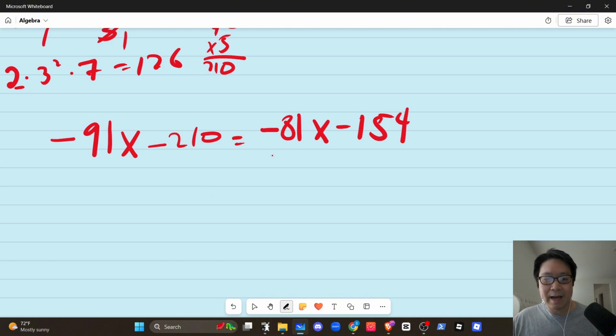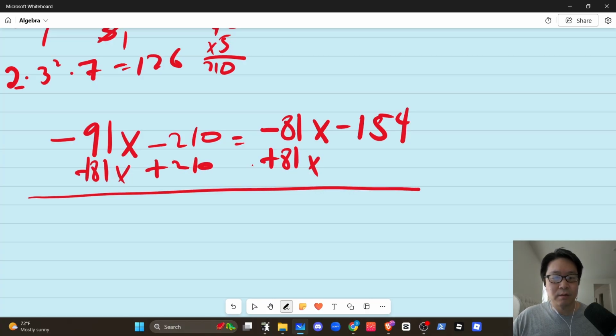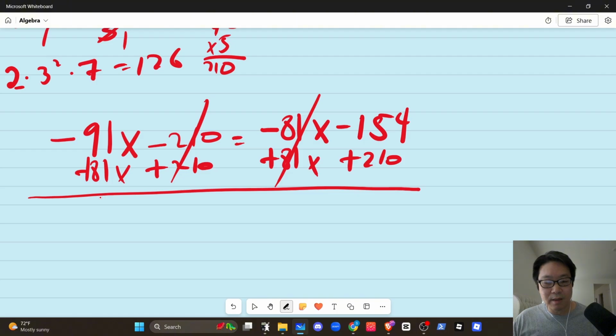So we would isolate x by adding 81 to both sides and adding 210 to both sides. 81's cancel, 210's cancel. On the left side, we have negative 10x. And on the right side, we have what? 46, 56.